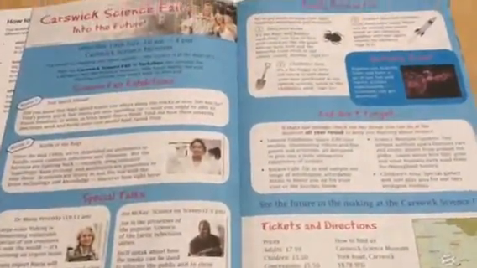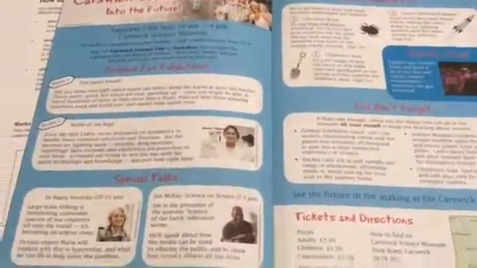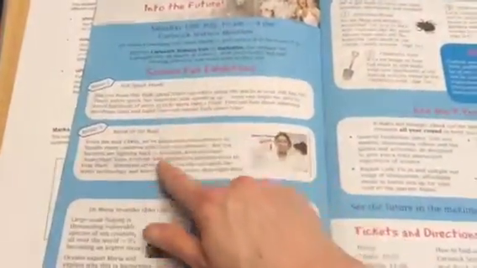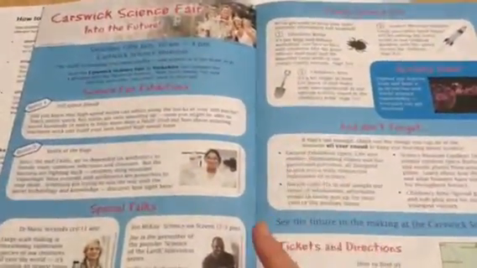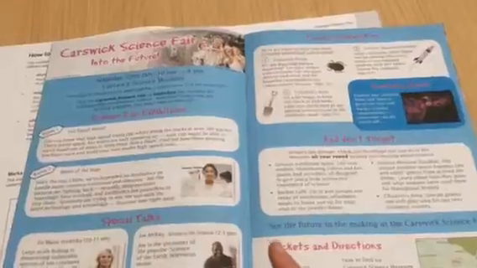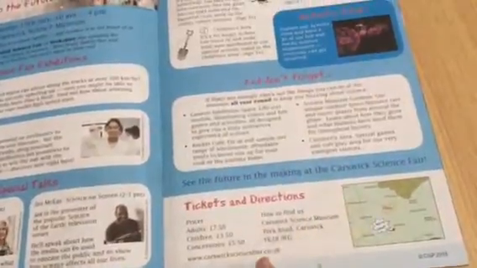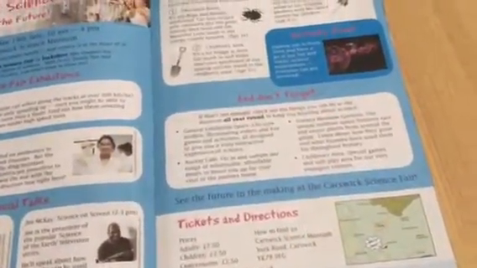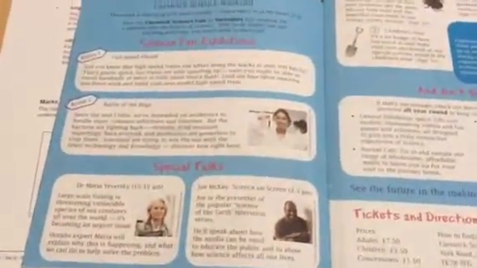Okay, it's clearly not a story. It's also not a non-chronological report, really. It's got elements of it because it's telling you things, but it's actually, and I'm telling you more than I can tell you in a real test because we're learning skills, be clear on genre. This is an advert. It is clearly advertising, telling you when this fair is, what is going to be happening, and why you should be coming.